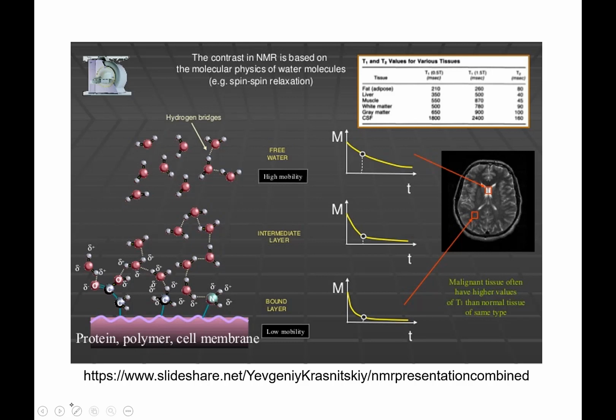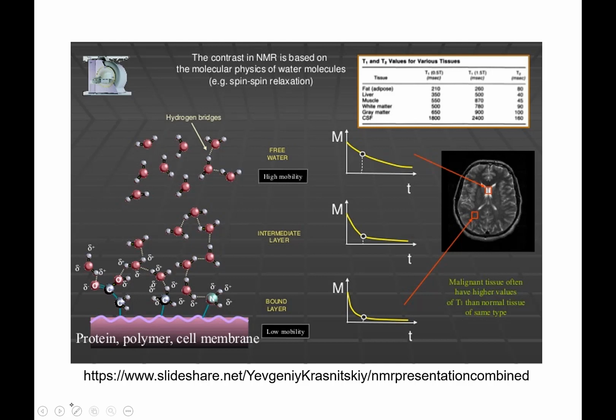And so if they know that time, they can image it so that you can get an image of the soft tissue. I always thought it was a concentration difference in water. It's actually whether the water is free or bound that's involved. And so that's how you image the soft tissue. And then there are relaxation times for fat and liver and muscle and groundwater and all of that stuff.